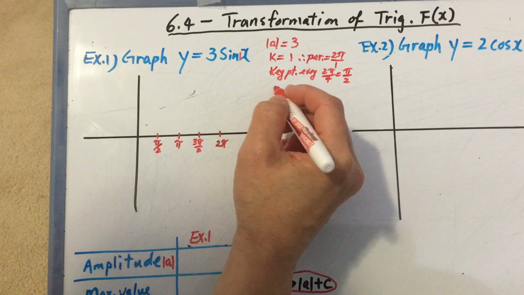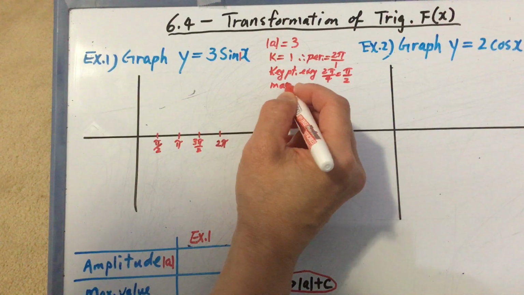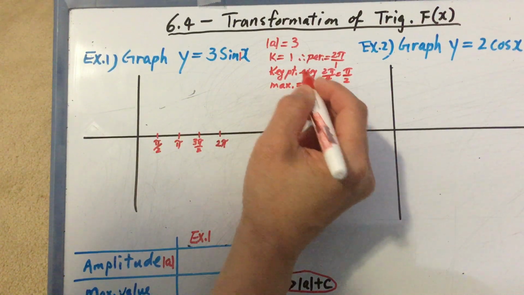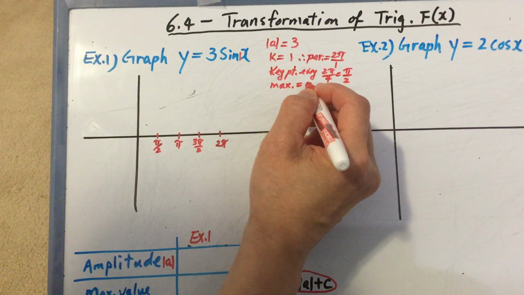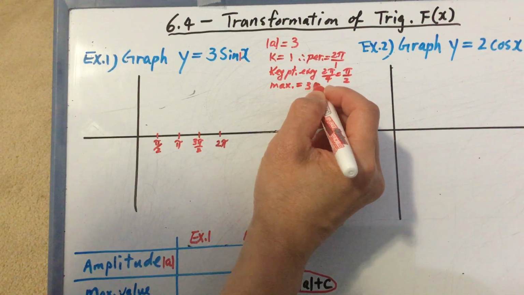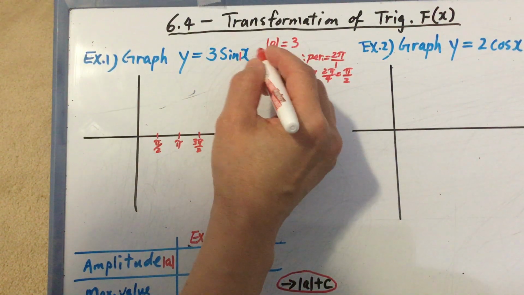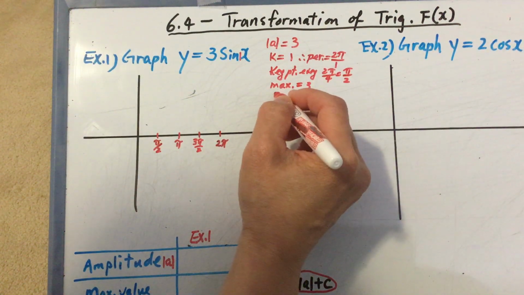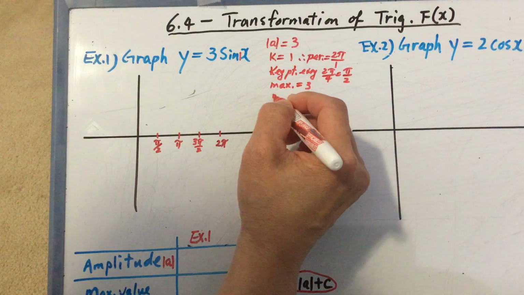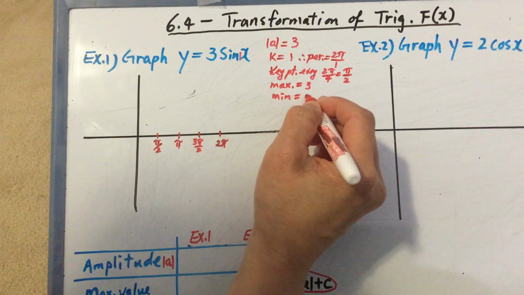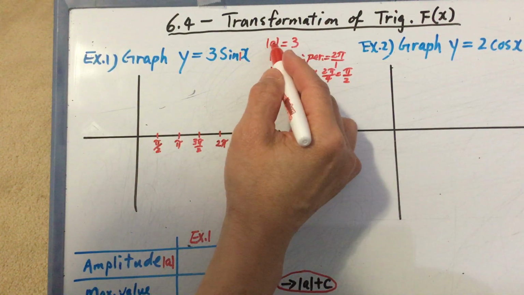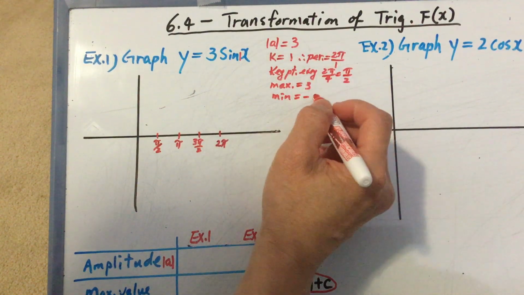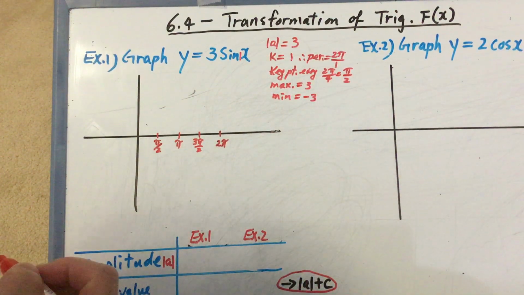Okay, and also the maximum is going to be the amplitude 3 plus the c, which is 0. I don't have any c over here. So the maximum is 3, and the minimum value is going to be the negative of the amplitude of a, so this will give me minus 3.